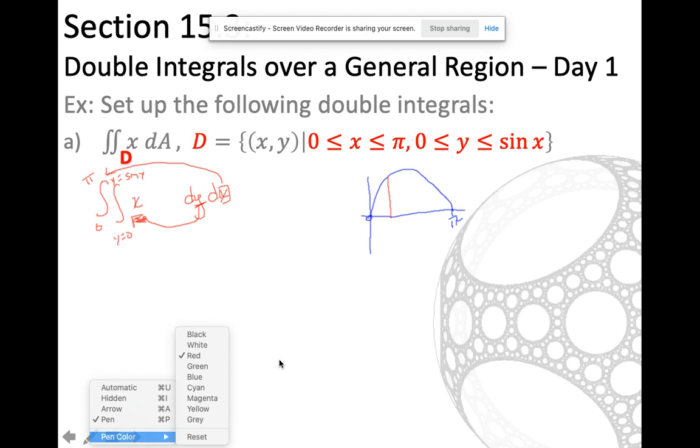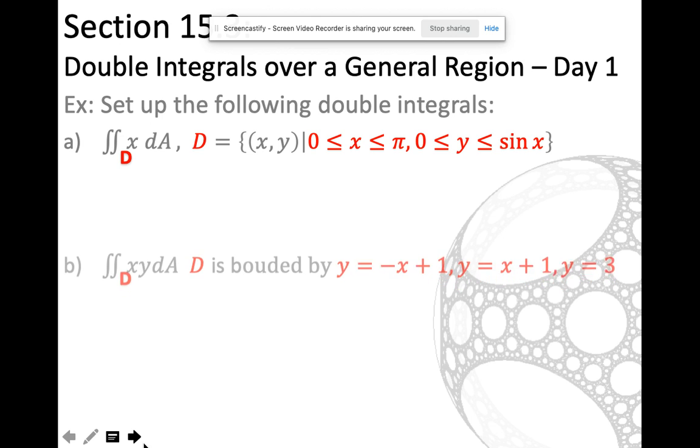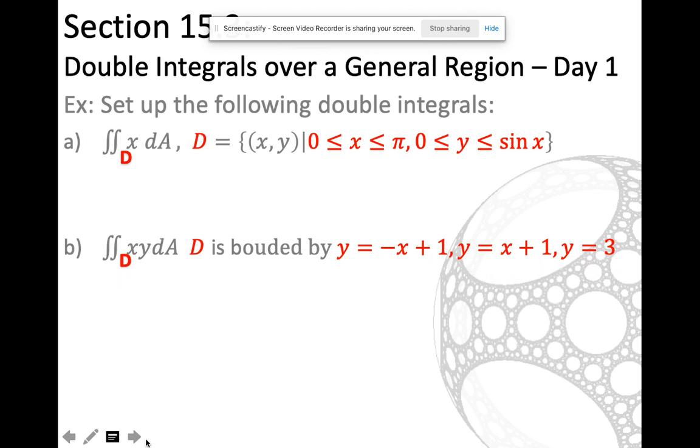What about the next one? Okay, a little bit different. My surface, don't worry about picturing the surface. You need to picture this. What's going on here?